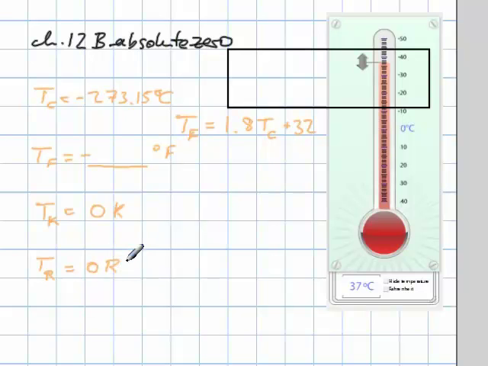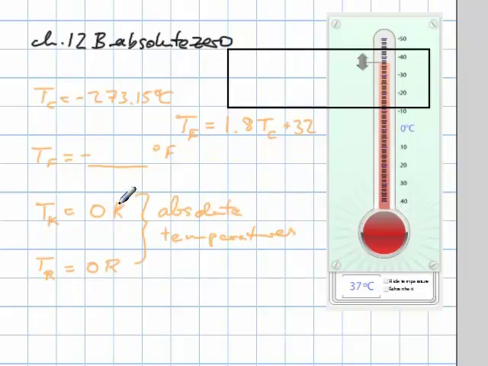We will be using absolute temperatures. These two are absolute temperatures. Later on, when it's important that we avoid negative temperatures, that's why we need these absolute temperature scales, which are either in kelvins or Rankine.